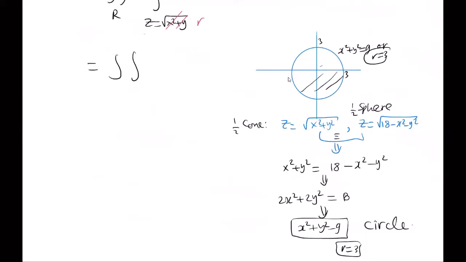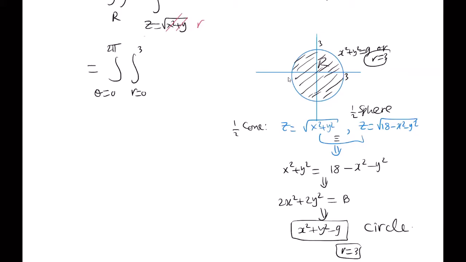This is the region R of integration at the end of this triple integral. So we go here again, the same situation. I will not write it again. I'll put it directly: r from 0 to 3 and theta from 0 to 2 pi, because we have the whole disk.